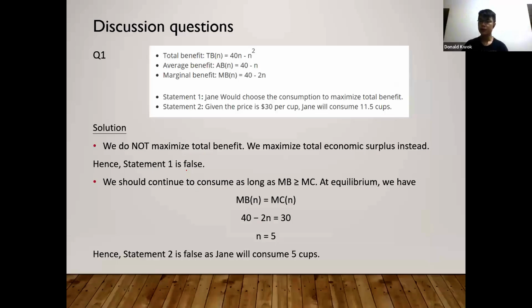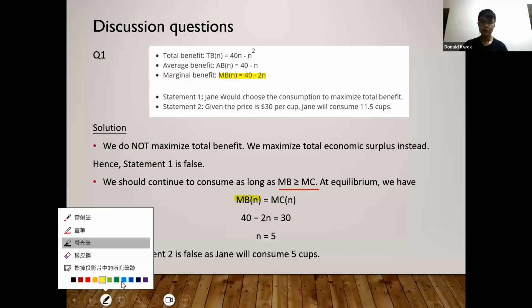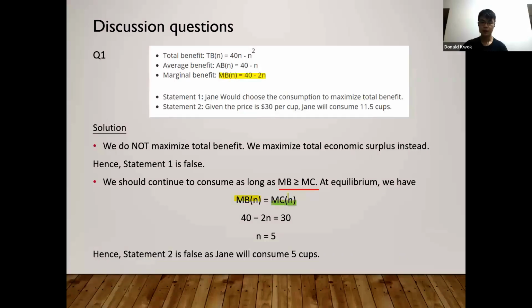All right, so statement two: given the price of $30 per cup, Jane would consume 11.5 cups. We can apply the cost and benefit analysis here, which is that Jane will continue to consume as long as the marginal benefit is greater than or equal to the marginal cost. The marginal benefit of coffee is the expression directly given here, 40 minus 2n, while the marginal cost of consumption is $30, the price of coffee.